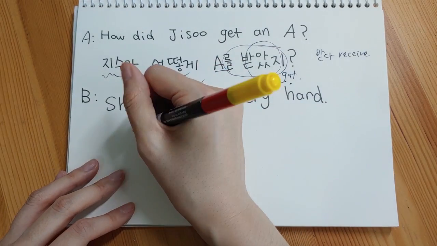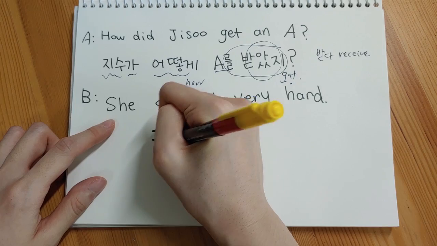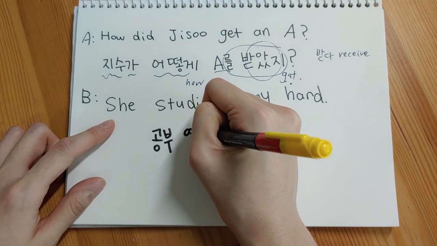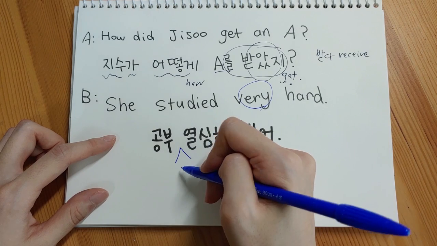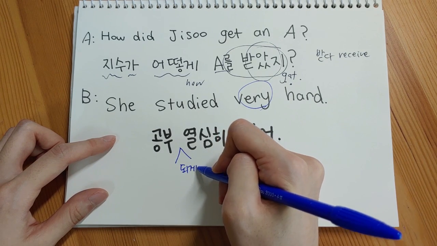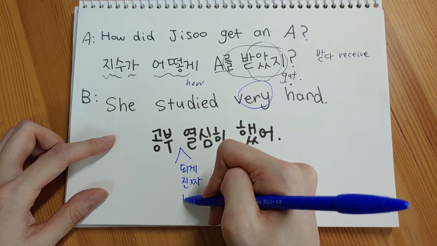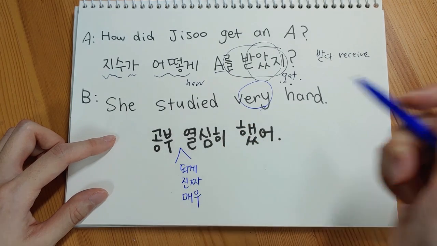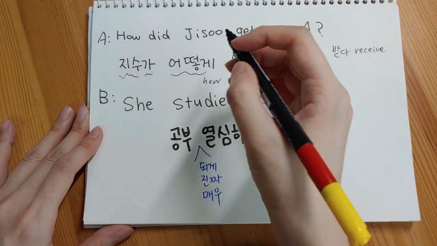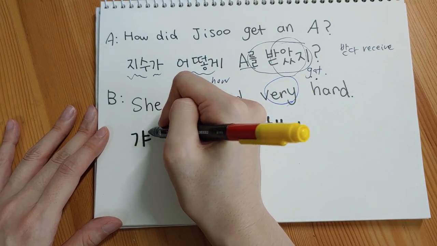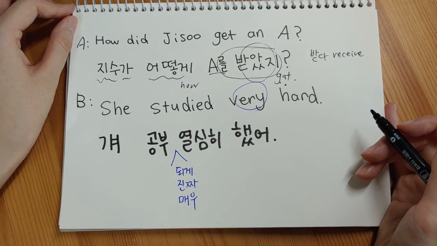One possible answer is you can just remove the subject and say 공부 열심히 했어. Or for very, you can say 공부 되게 열심히 했어. Or 공부 진짜 열심히 했어. 공부 매우 열심히 했어. But if you want to say she specifically, what you can do is say 걔. She, that person, 지수, studied very hard.